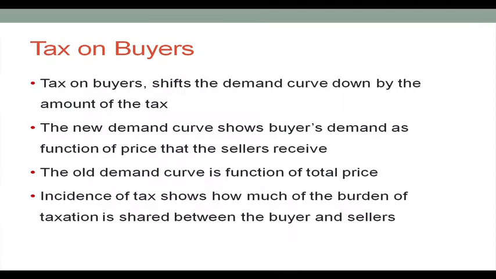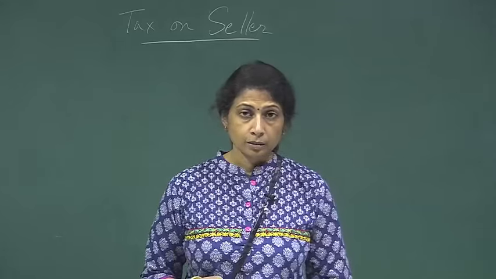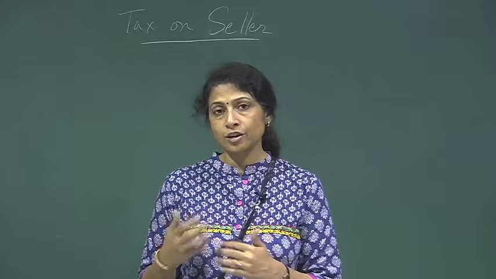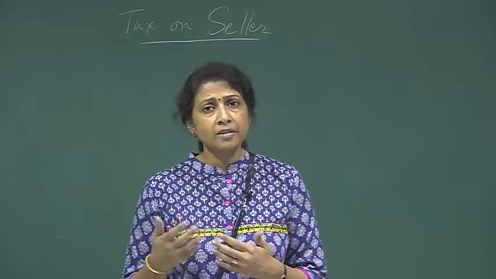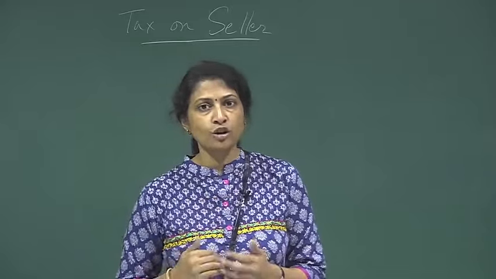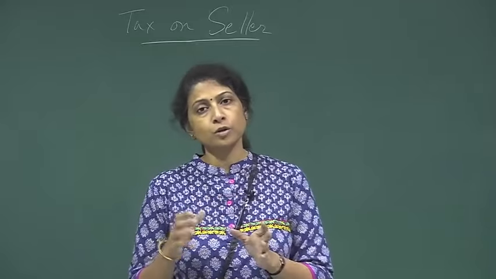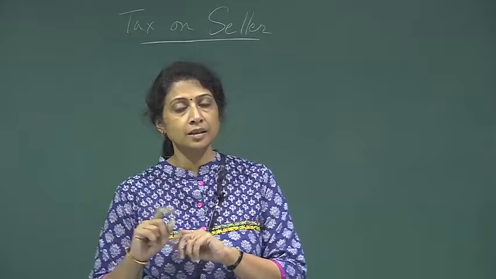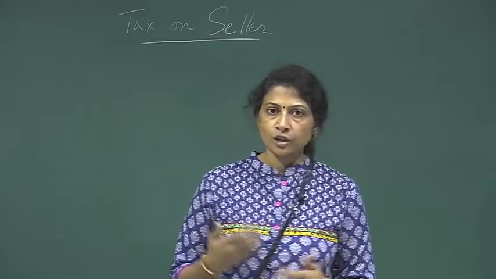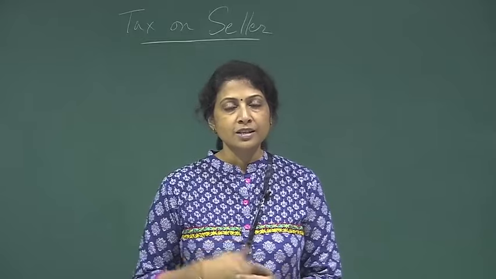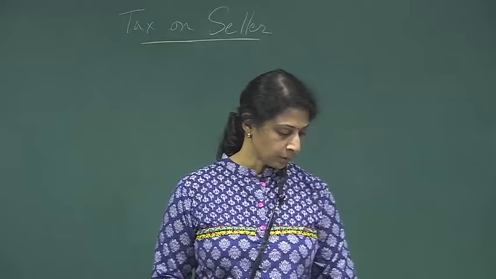It can be imagined that the 0.5 is the tax the seller is paying to the government, as if the seller has volunteered to share a part of the tax imposed on the buyer.